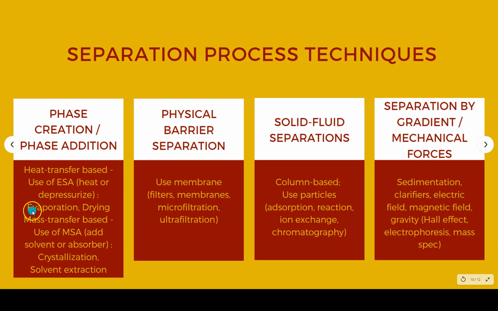For example, evaporation and drying. For mass transfer, we will use a mass separation agent, MSA. For example, we can add a solvent or absorber so that the crystallization or solvent extraction process could occur.